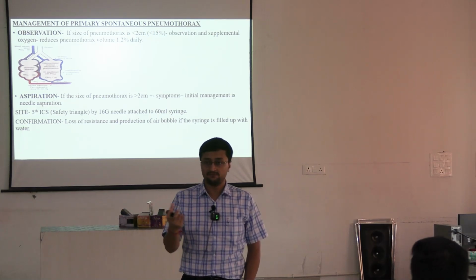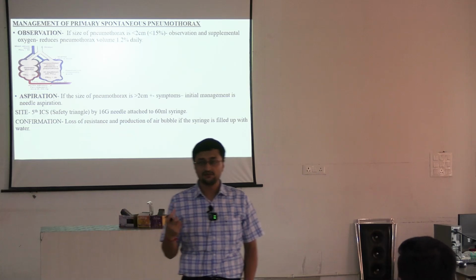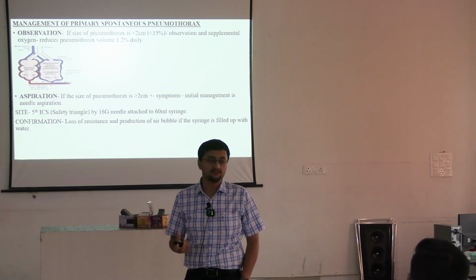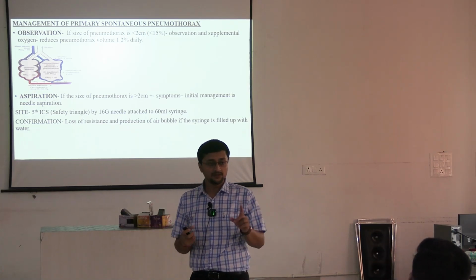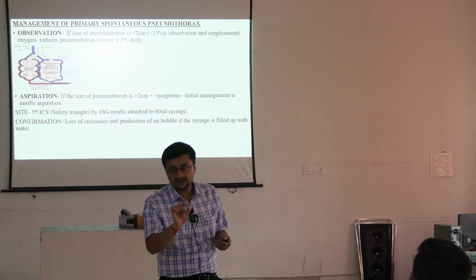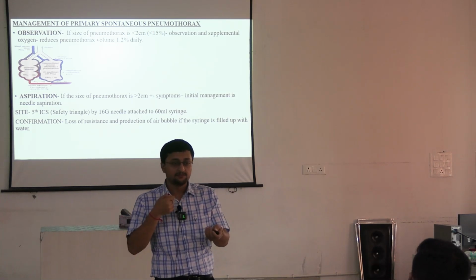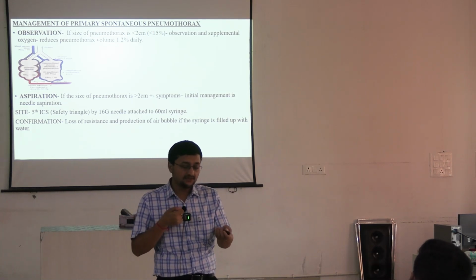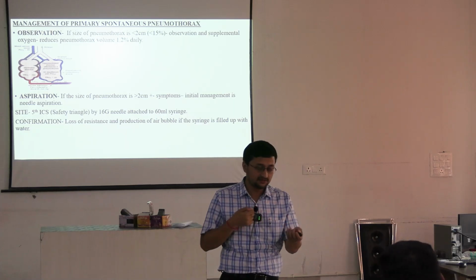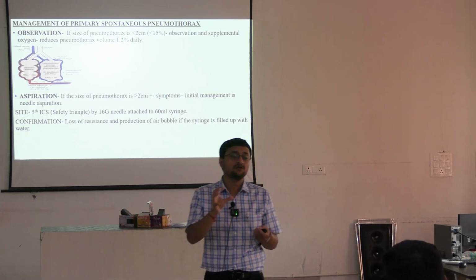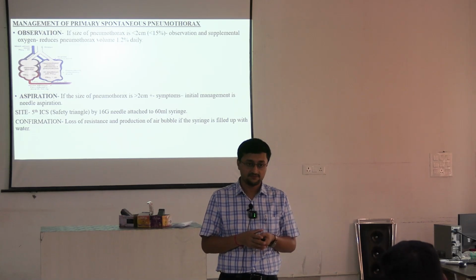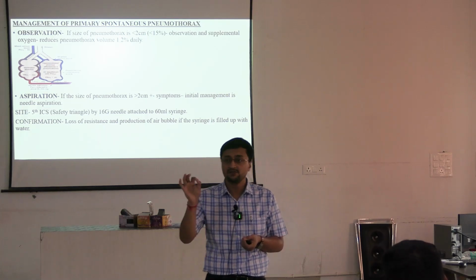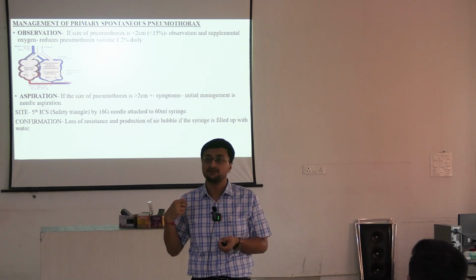How will you understand that this is a case of pneumothorax and you are doing aspiration correctly? One is, if you are inserting the needle and applying negative pressure, then putting suction, there will be a sudden loss of resistance. That means you are entering into the pleural space and you are aspirating the air.